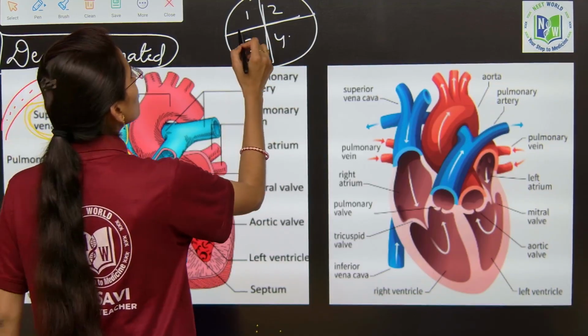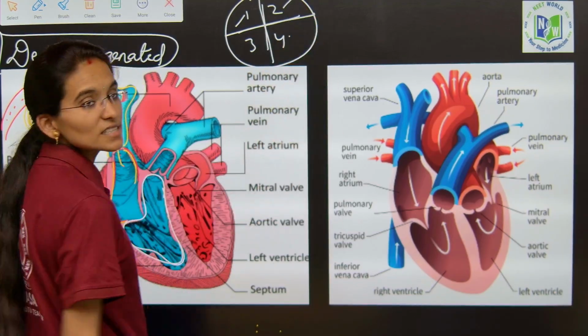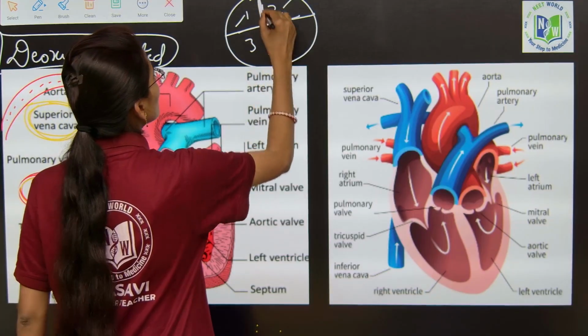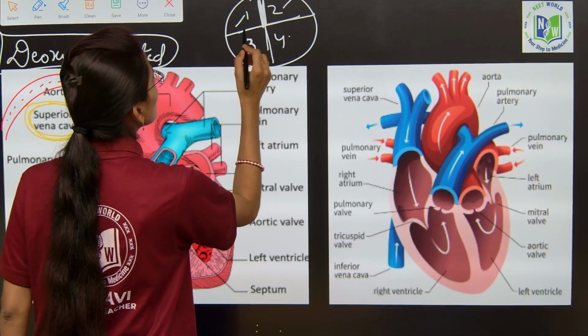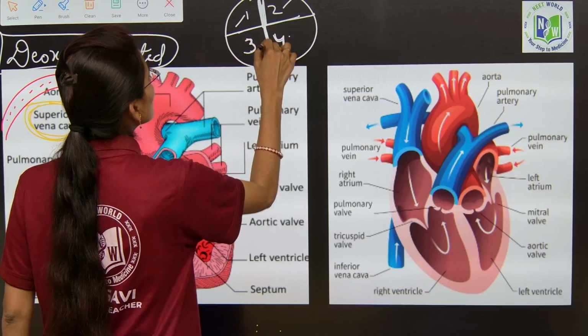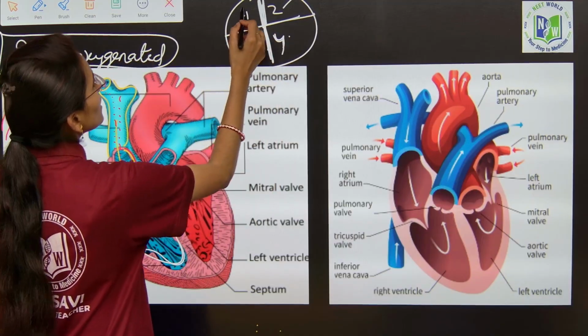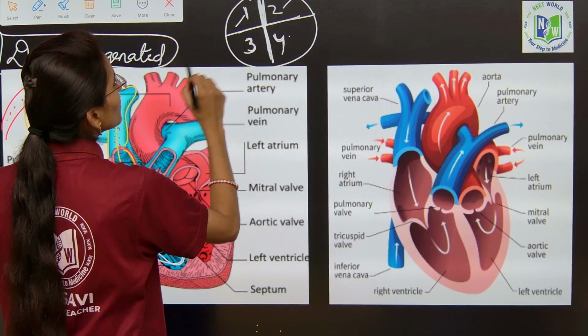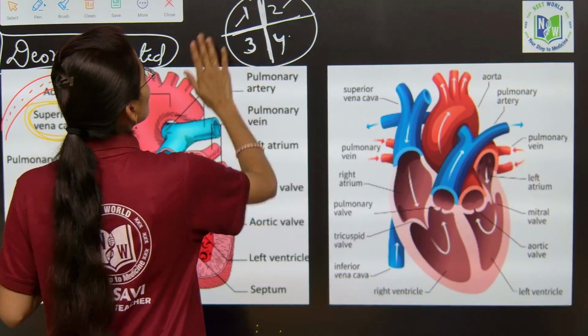Here, between the first chamber and the second chamber there is a partition, and between the third chamber and the fourth chamber there is a partition again, and again between the first chamber and the third chamber we can see a partition.